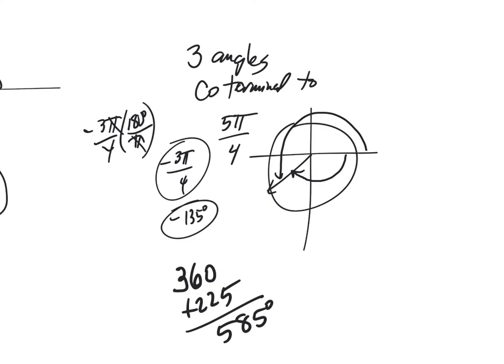Do you get that would stop in the same spot? The first 360 would just bring you all the way back to where you started. And then you add another 225 to that, and you end up stopping in the same spot. So you can go past it and come back.